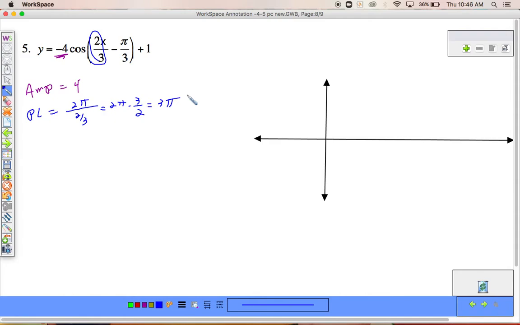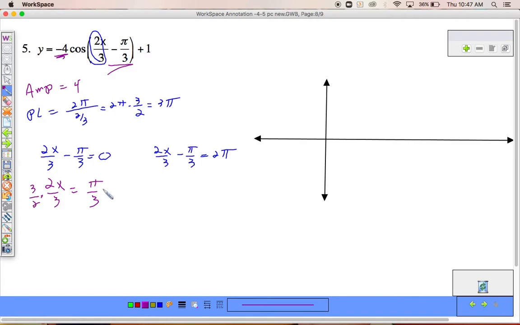So I'm going to take 2x over 3 minus pi over 3, set it equal to 0, and equal to 2 pi, because I need to know, because of this shift, where it starts and stops. 2x over 3 equals pi over 3 times 3/2.